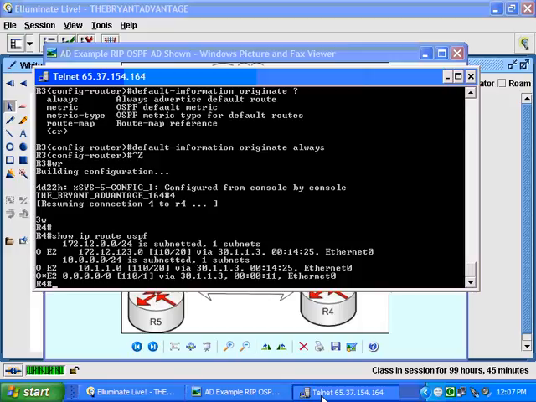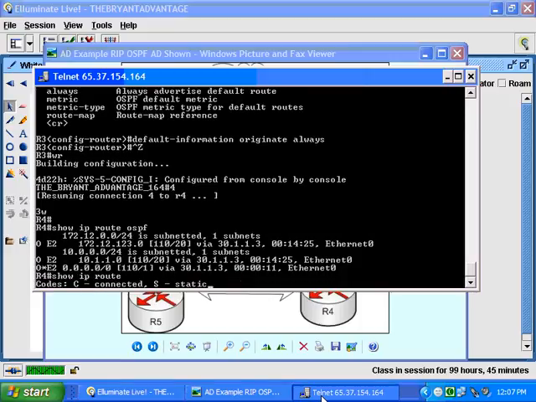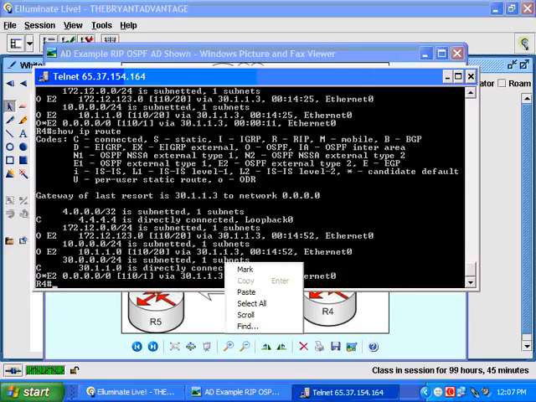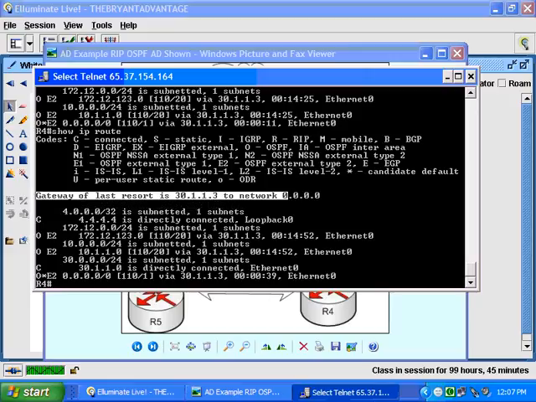It's an E2 route with an asterisk next to it indicating a candidate default. And if we use the full command show ip route, you will see that with that command we set the gateway of last resort to router 3's Ethernet interface, and it's to network 0.0.0.0.